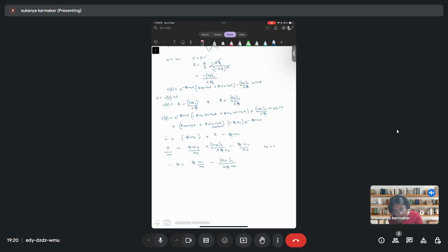Omega d is omega n under root of 1 minus zeta square. So omega n by omega d is 1 under root of 1 minus zeta square minus ust naught minus 2 zeta.